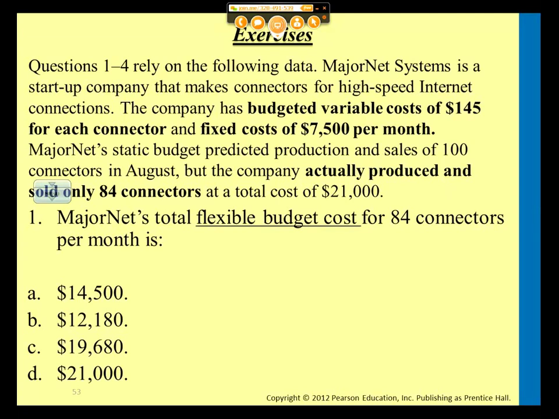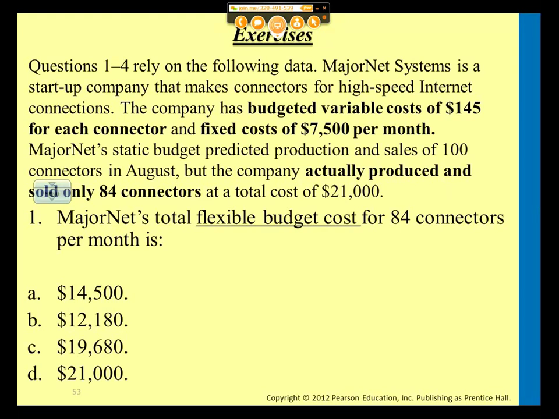So what is the flexible budget? How do we calculate the flexible budget? Budgeted what? What is the number of sales? 84.